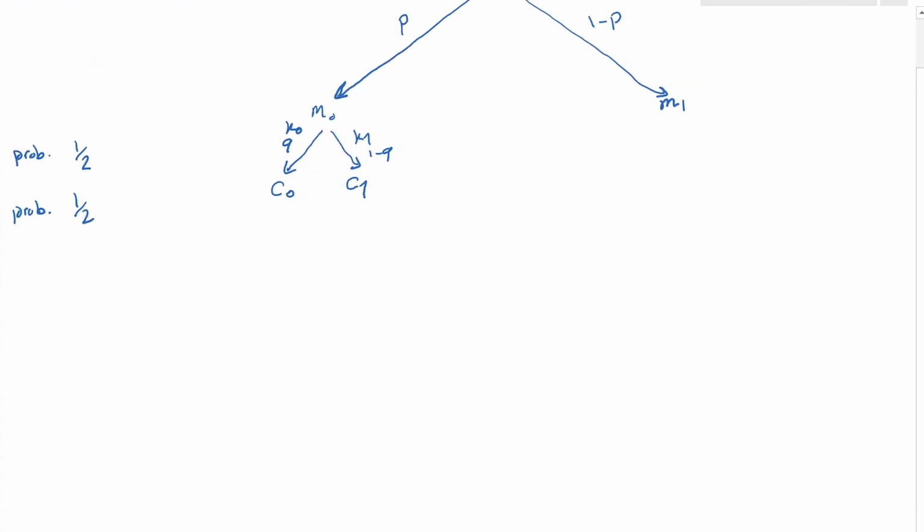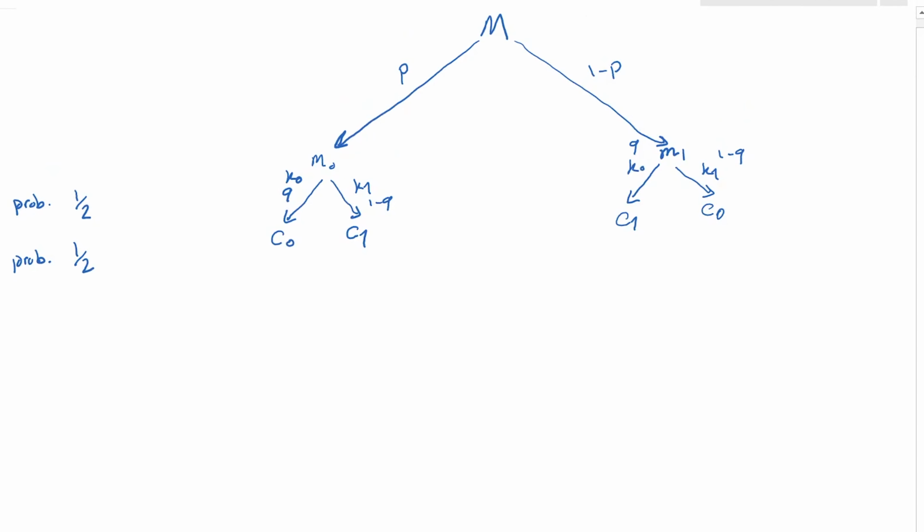Over here, I choose K0 with probability Q and K1 with probability 1 minus Q. If our message is 1 and I choose key 0, let's say I get C1, and over here I get C0. These are all the possible ways that encryption would happen.